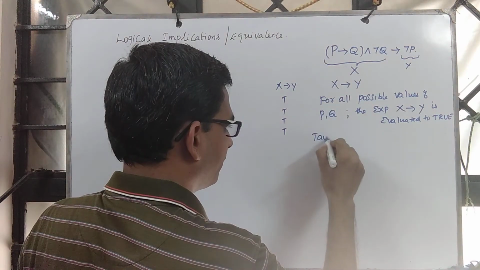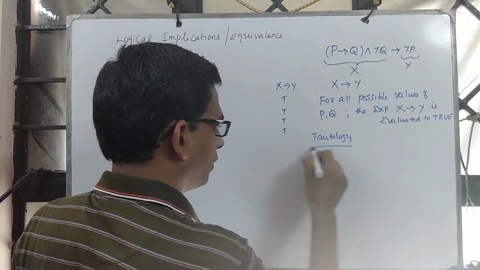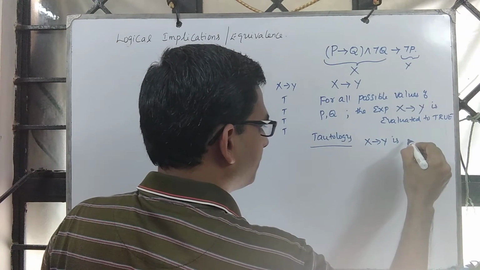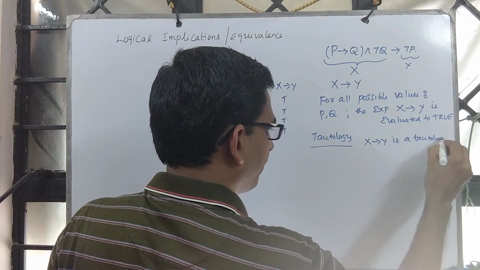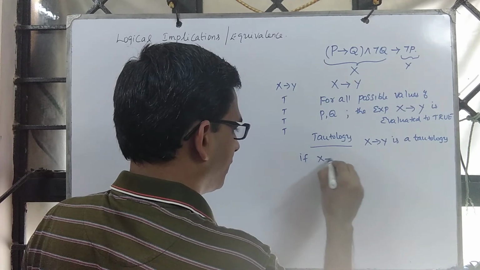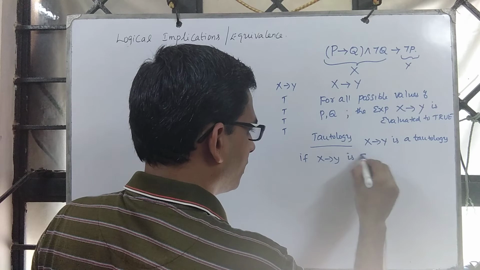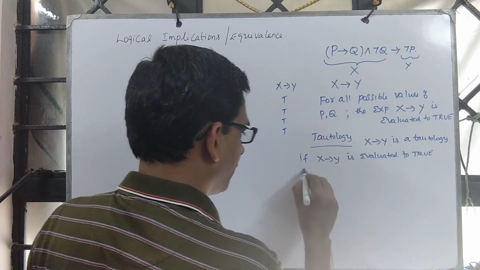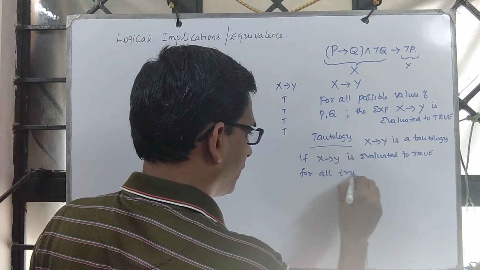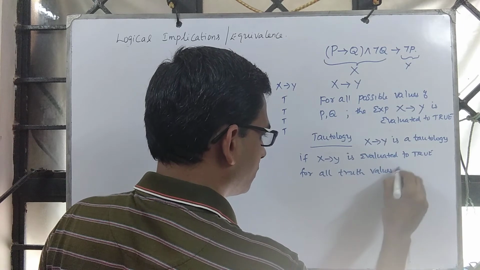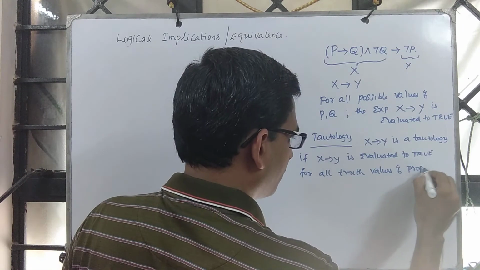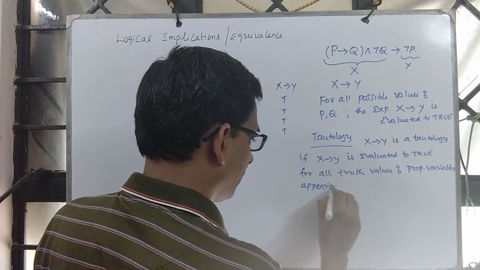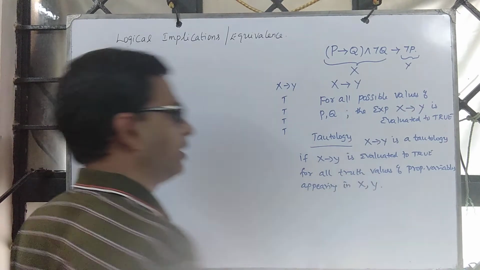So now something like this is what we are going to discover. Here is a definition: a tautology. The expression x implies y is a tautology if x implies y evaluates to true for all truth values of the propositional variables appearing in x and y.